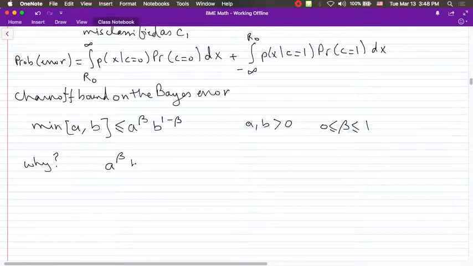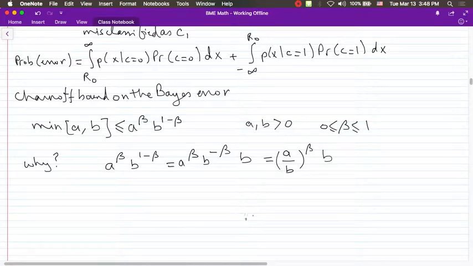A to the beta times B to the 1 minus beta. What is that? Well, that's A to the beta, B to the minus beta, times B, which is equal to A over B to the quantity beta, times B. Do you see that?